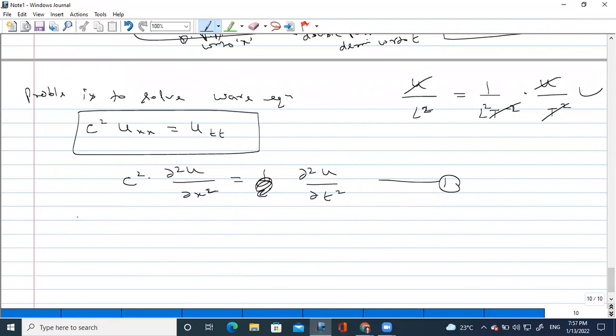Now here what you have to do, we will apply the variable separable method, but before that u can be written in the product form of a function of x and a function of t. Put u(x,t) equal to X(x) times T(t). Now simply it is u equal to XT. So this you have to put in this equation.